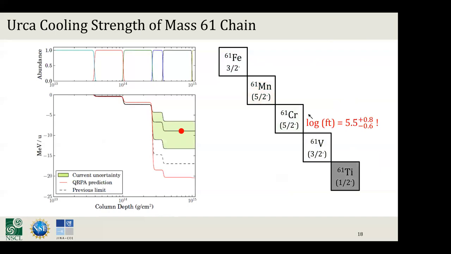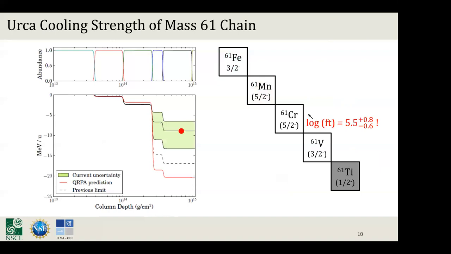Whoa, where did my cursor go? Okay, it gives you a very strong cooling effect. The previous limit from Scott's work in 2014, the 40%, still gives you an extremely strong effect. What we have measured is this blue line here in the center, and the green band is our error bar, and it gives something that's significantly more modest.